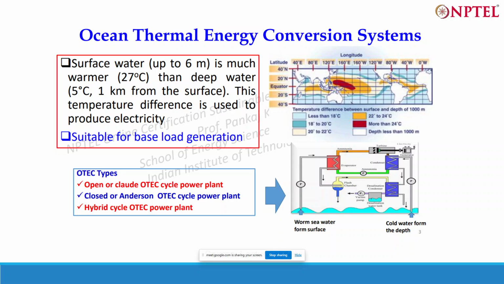When solar radiation hits the surface of the water, the upper layer gets more heat, so it is heated to somewhere around 25-27 degrees Celsius. But as you go deeper, the absorbance of solar radiation gets low, because most of the energy is absorbed by the upper layers, and the lower layers get very little energy.